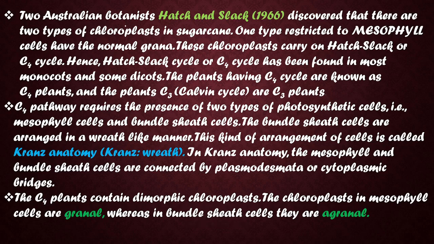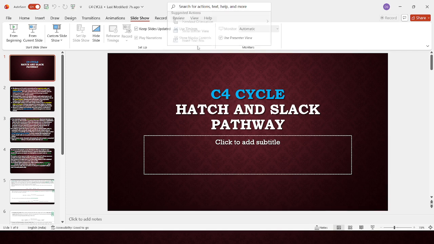Two Australian botanists, Hatch and Slack, in 1966 discovered that there are two types of chloroplast in sugarcane, which is a C4 plant.